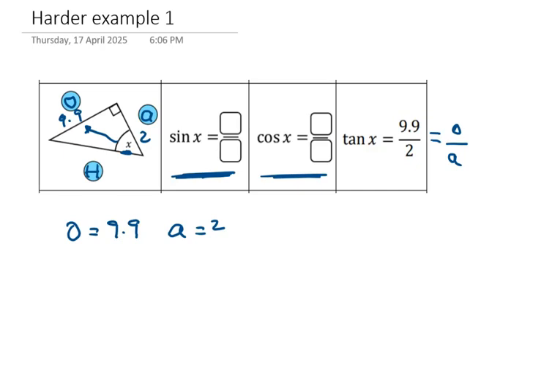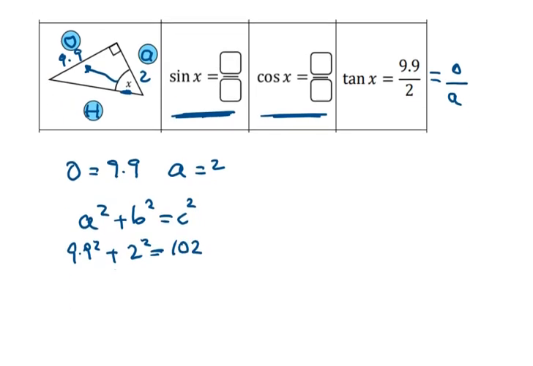And that means that I can use Pythagoras' theorem to figure out h, right? Because we know that a squared plus b squared is c squared. So 9.9 squared plus 2 squared gets me 102. So that means that c squared is 102.